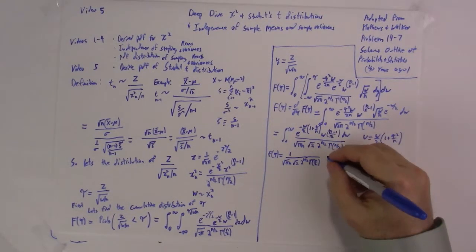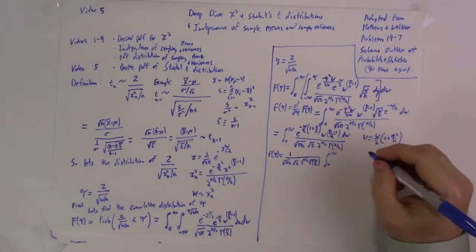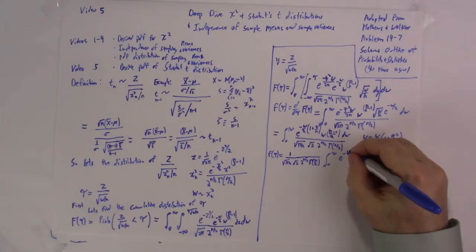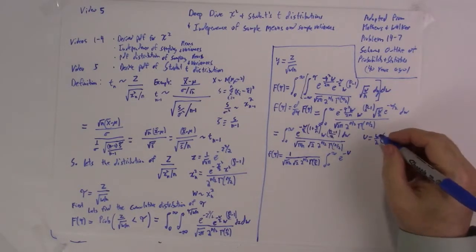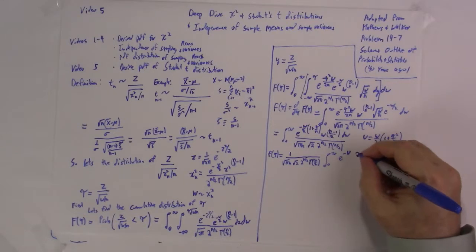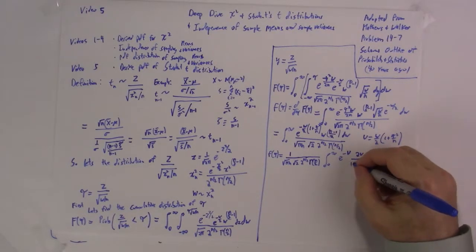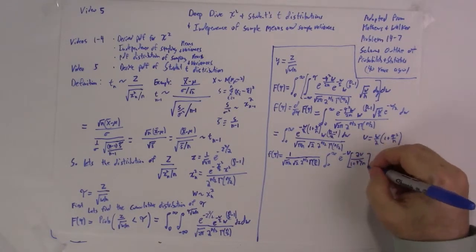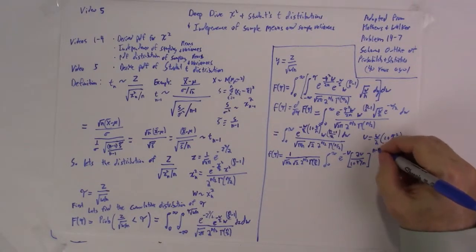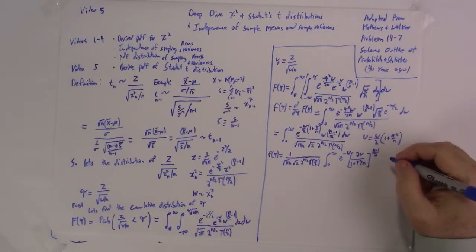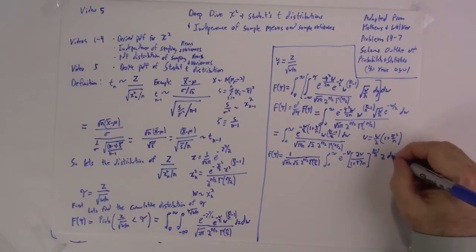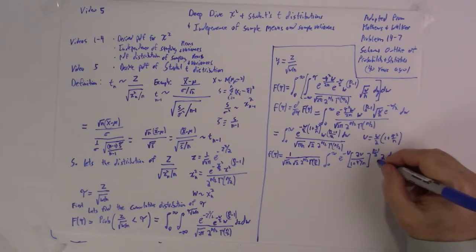Now I'm going to make this substitution, the integral from 0 to infinity e to the minus u. W is 2u divided by 1 plus tau squared over n. I'm going to raise this to the power n minus 1 over 2. Then dw is 2 du over 1 plus tau squared over n.